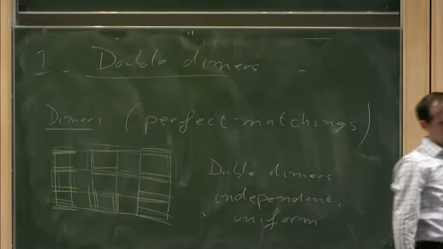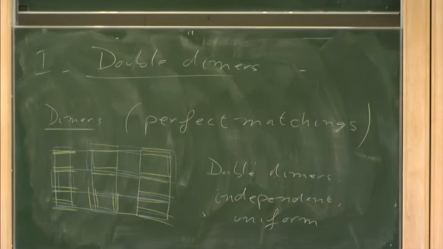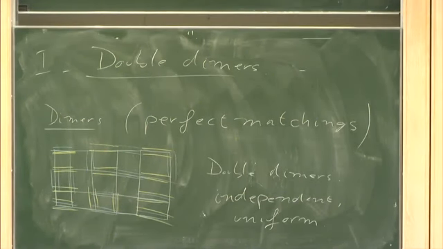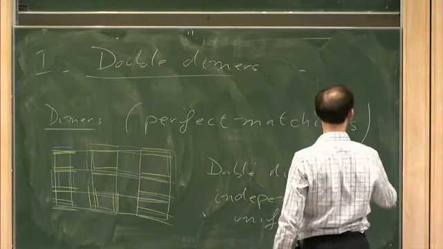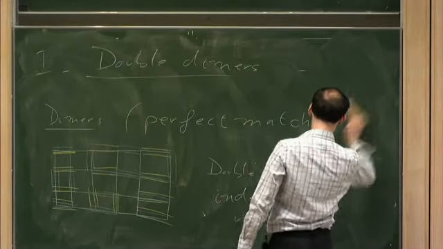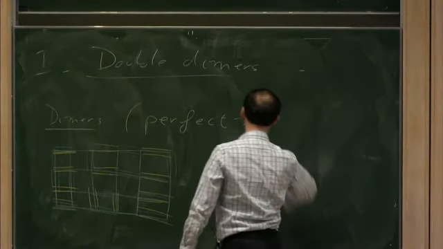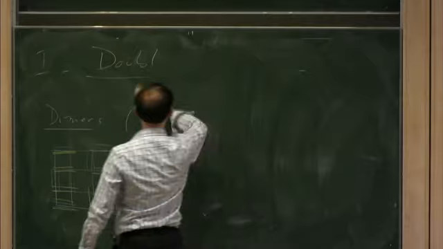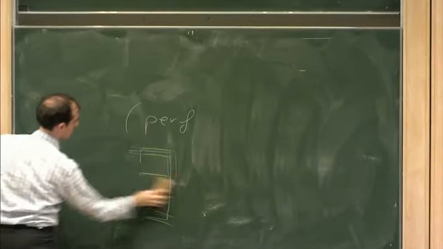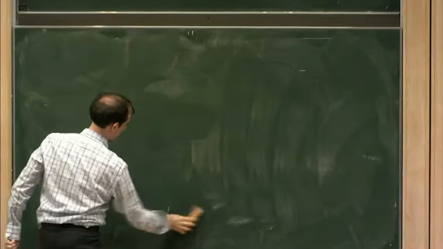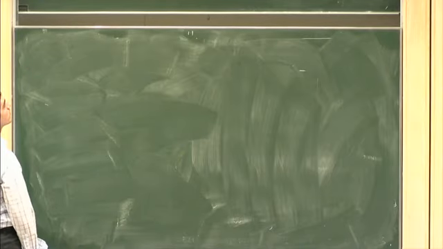Okay, so now the issue is, what I guess I want to actually discuss is convergence issues. So how you make this moral picture actually exact.